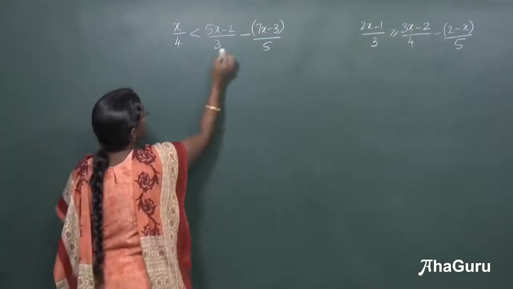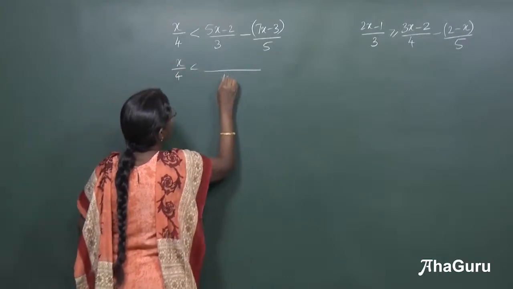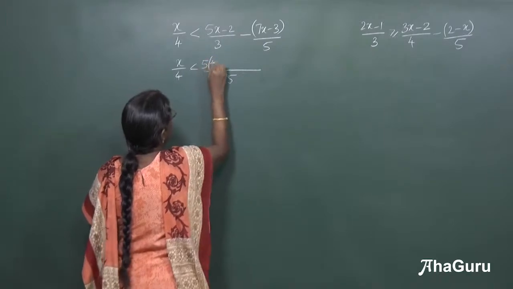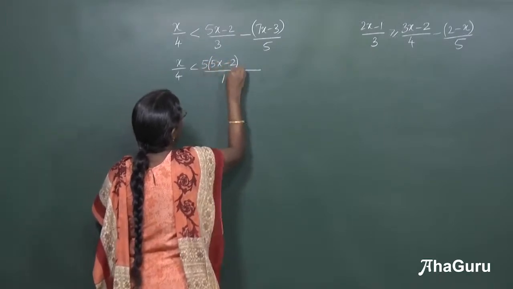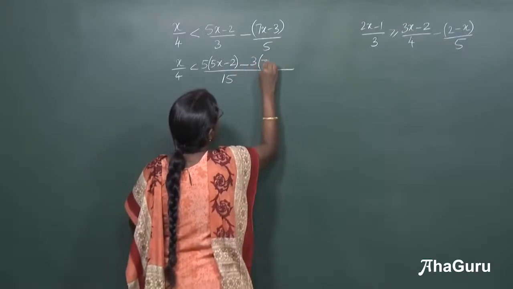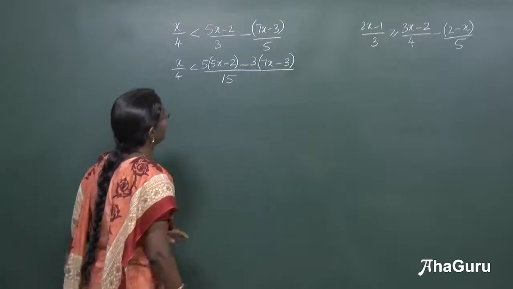We will see how to solve this inequality. We get x by 4 to be less than, here we will take 15 as the LCM. So, numerator is 5 into 5x minus 2 minus 3 into, it is 7x minus 3. Okay.